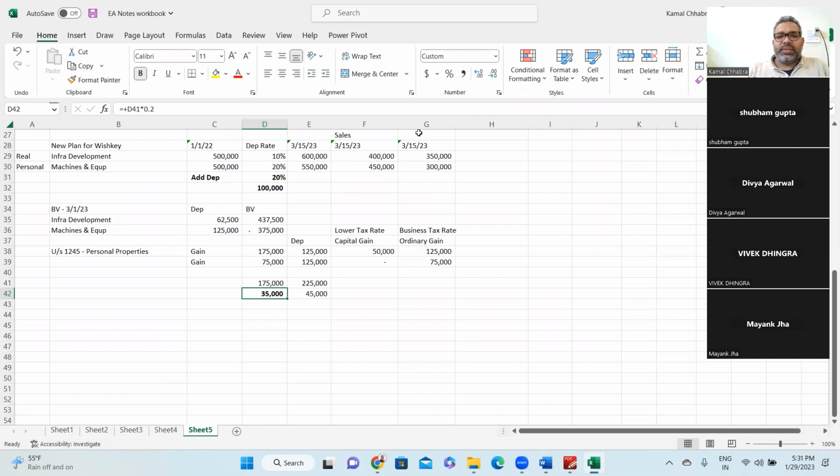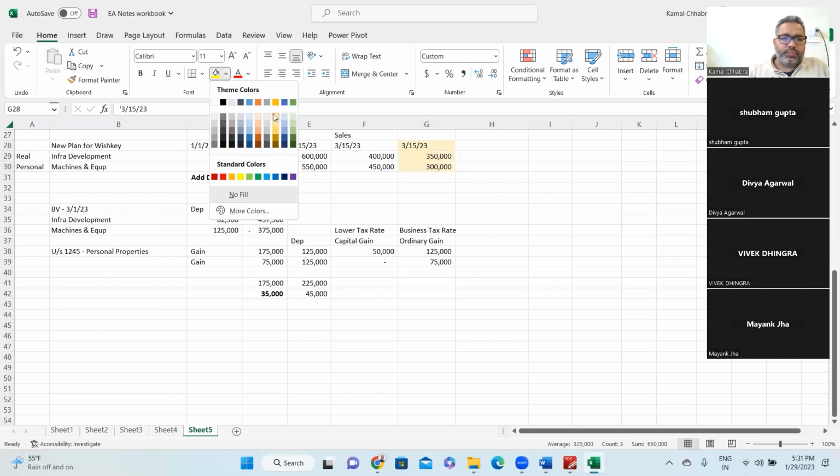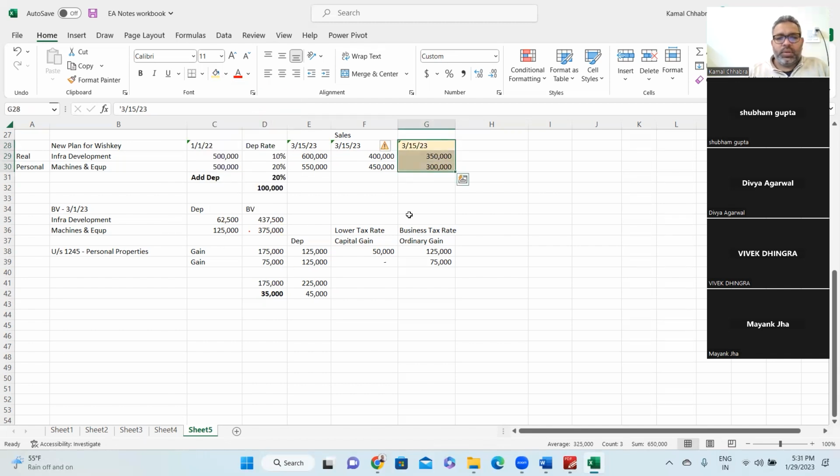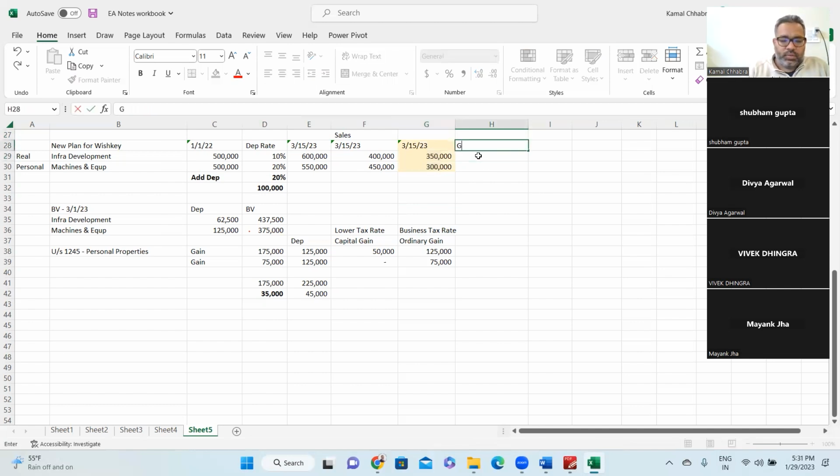Now, look at this scenario, third scenario, right? Just keep an eye on this third scenario now. In the third scenario, what is your gain or loss? I'm just doing math over here. So here, if you see, you have book value of this much minus your sales price this much.